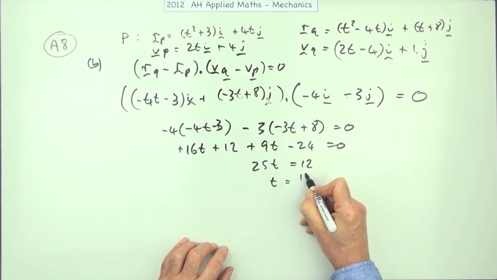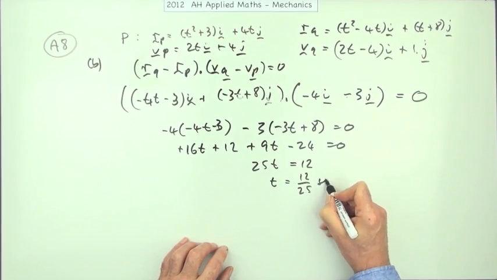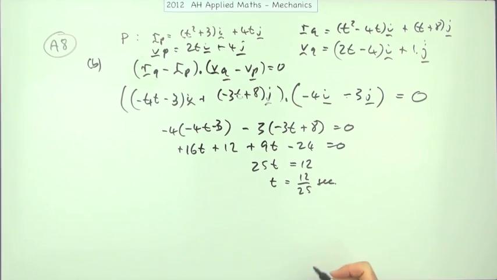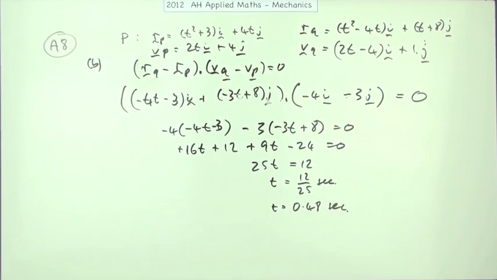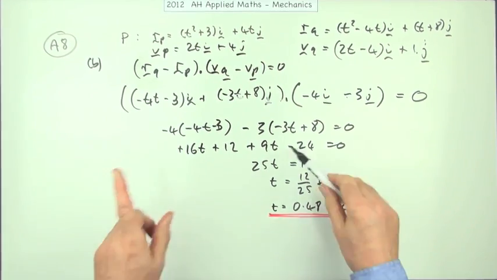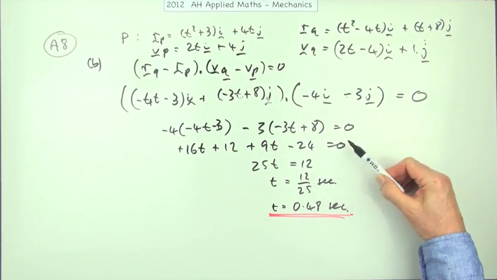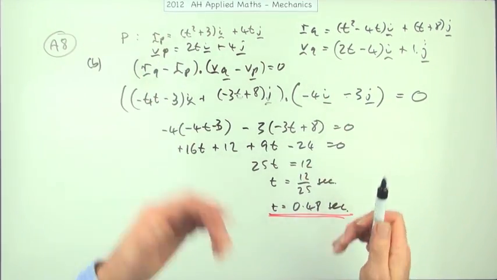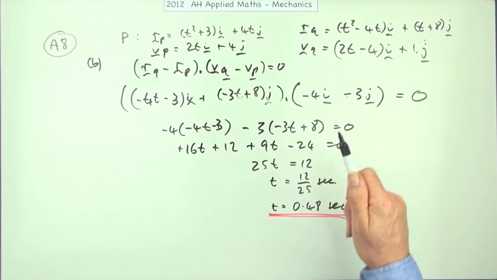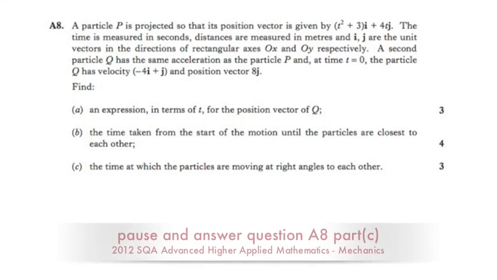So there again, t equals 12 upon 25 seconds, 4 times both parts, 0.48 seconds. It's a wee bit more sophisticated, just travelling with one of the points and observing the relative position and relative velocity of the other one to find when you're at the closest approach.